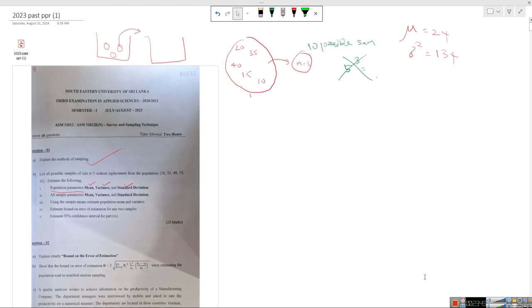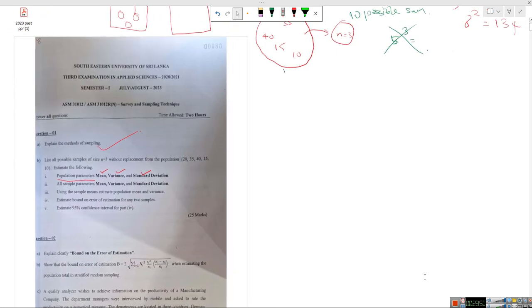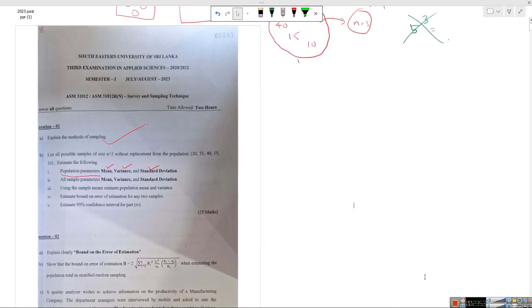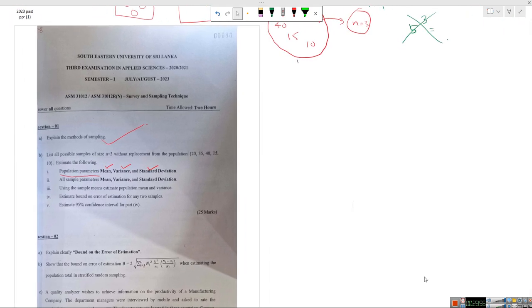So now what we have to do is find all sample variances and standard deviations using the sample means. Okay, now all possible parameters, right? So now we have this population. Now the possible samples.